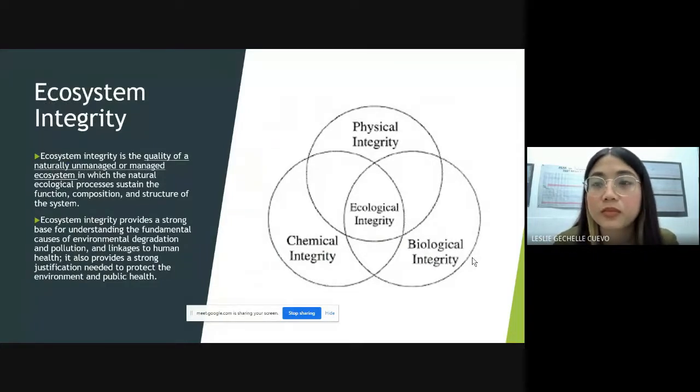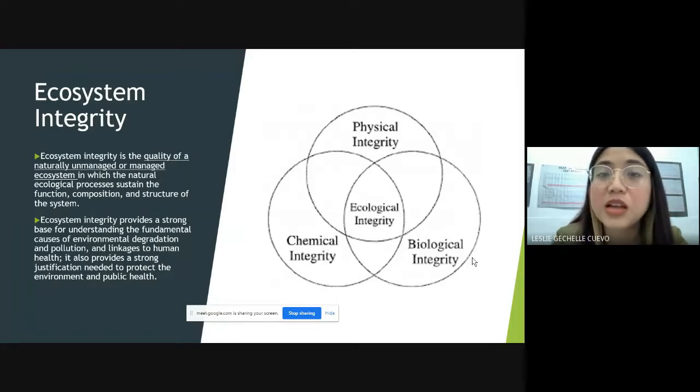Okay, ecosystem integrity. So ecosystem integrity is the quality of a naturally unmanaged or managed ecosystem in which the natural ecological processes sustain the function, composition, and structure of the system.